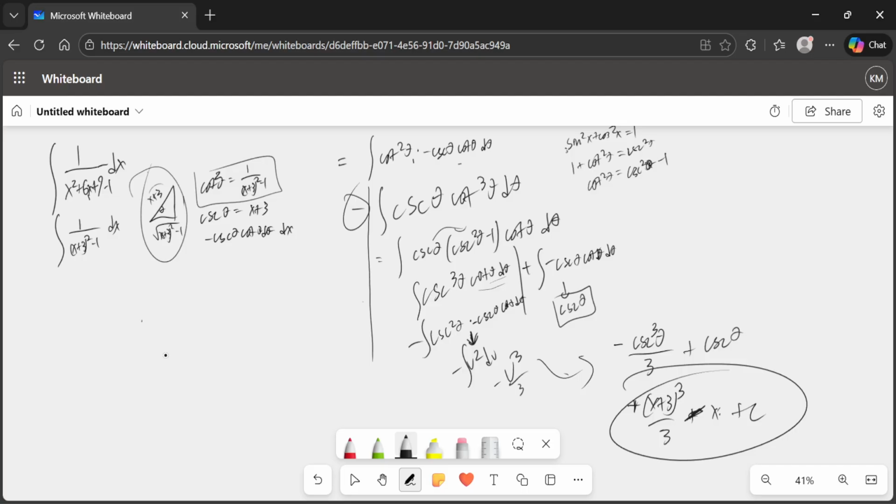Cotangent x cubed times cosecant x. So it's telling me, it's the calculator.